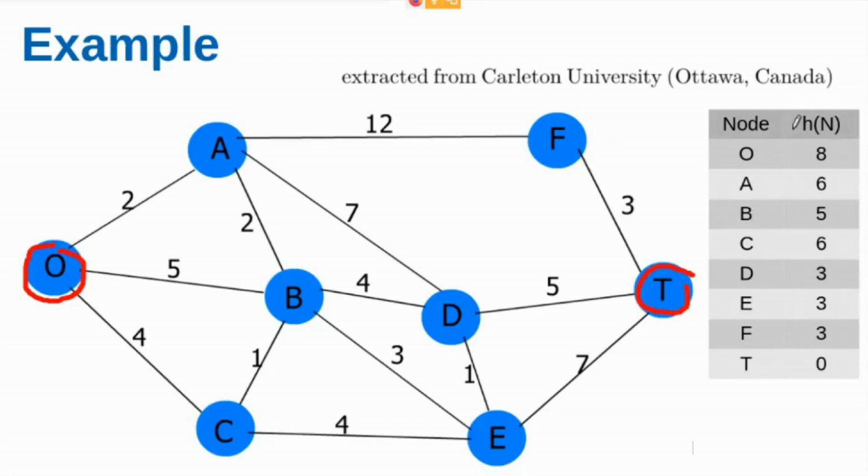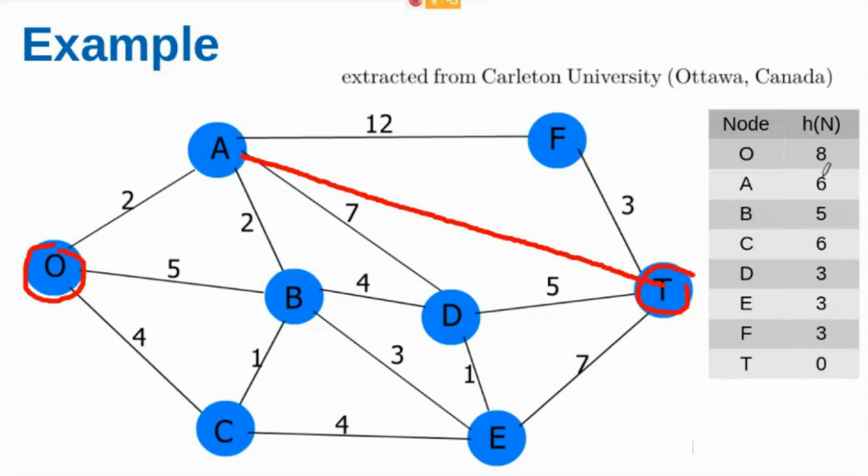So remember that the heuristic is like a rule of thumb about how much it costs to go directly from some node to the target. For example, for A, this 6 is the cost of going from A to T, to the target, if you could fly.